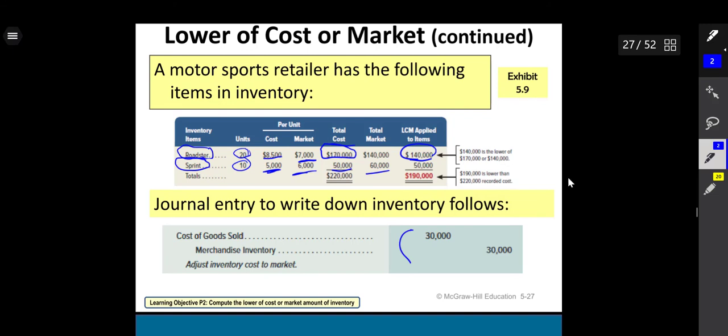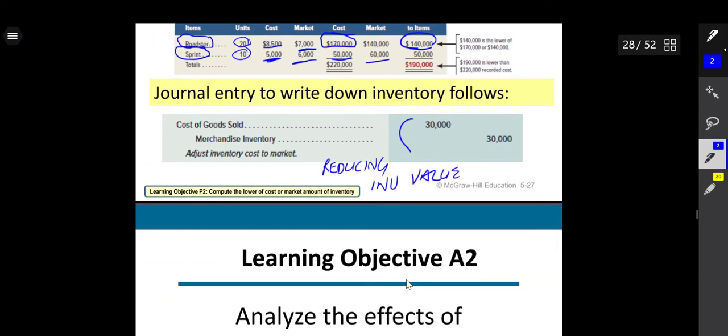And this adjusting entry will be to reduce the value of inventory. So we're reducing inventory value, but we're also increasing cost of goods sold. So we need to acknowledge that this adjustment is needed to write down inventory and increase cost of goods sold. Okay.